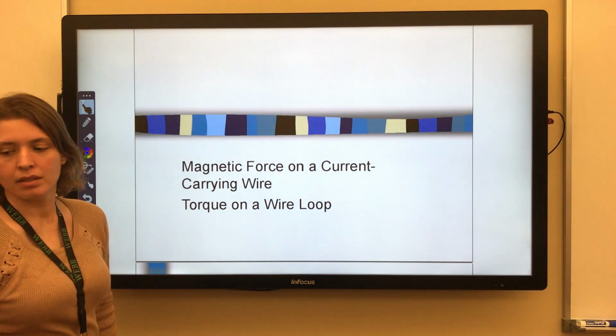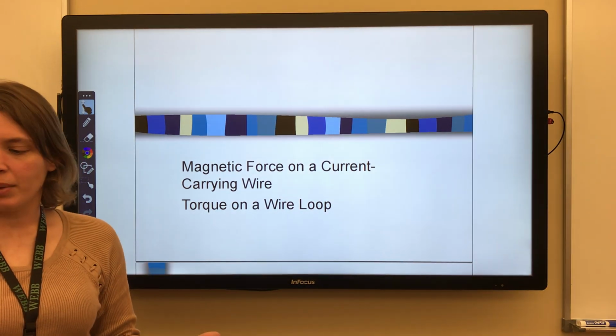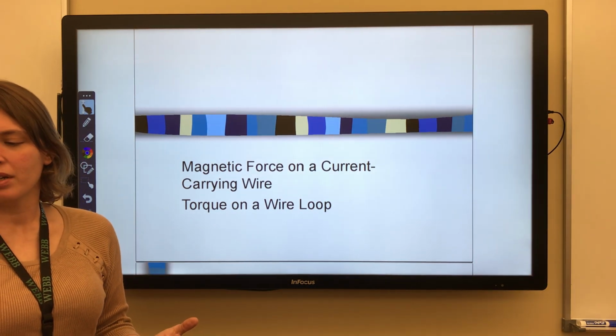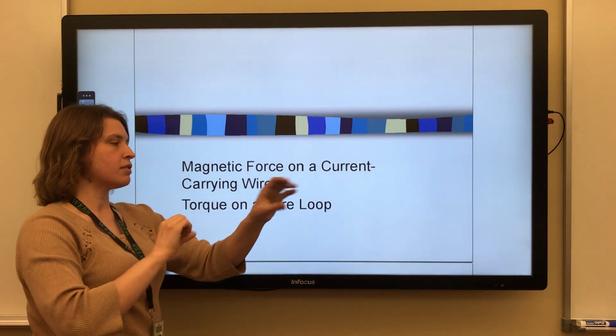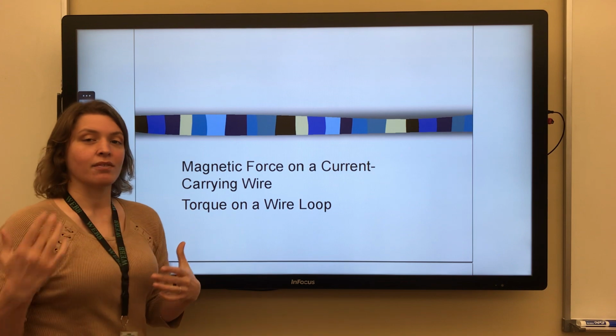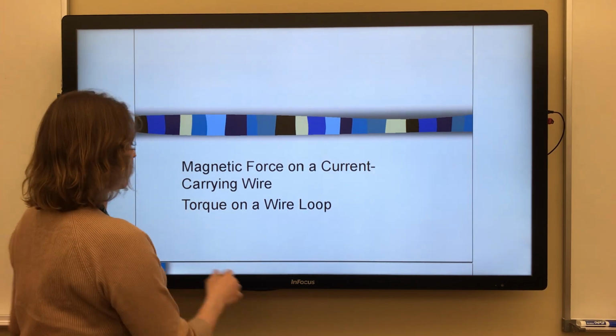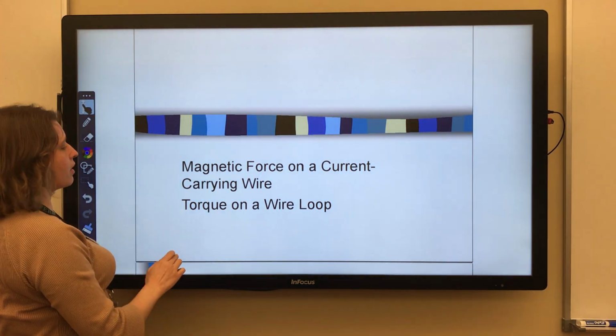All right. So with that in mind, let's think about what might happen if we have a current-carrying wire. Instead of just a charged particle flying through space, what if instead we have current-carrying wires? We know a lot about current-carrying wires now. We can build circuits and all that other fun stuff.